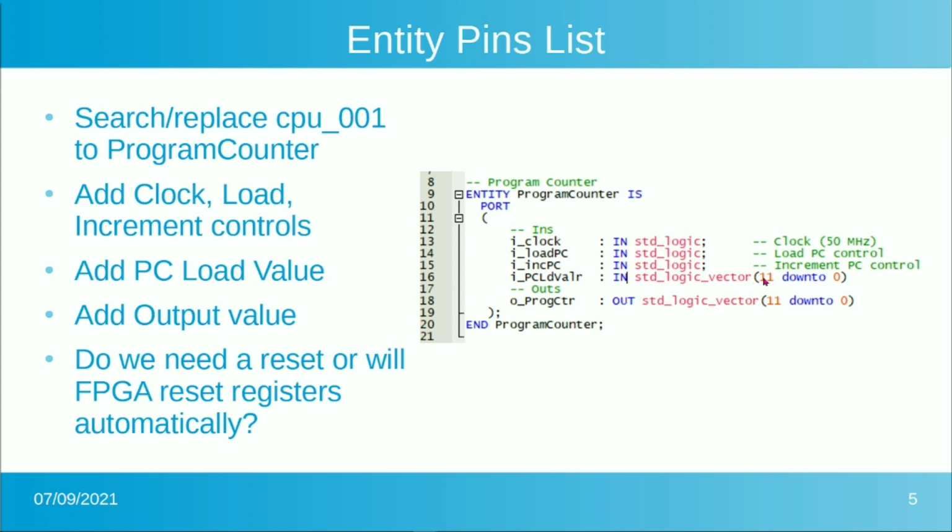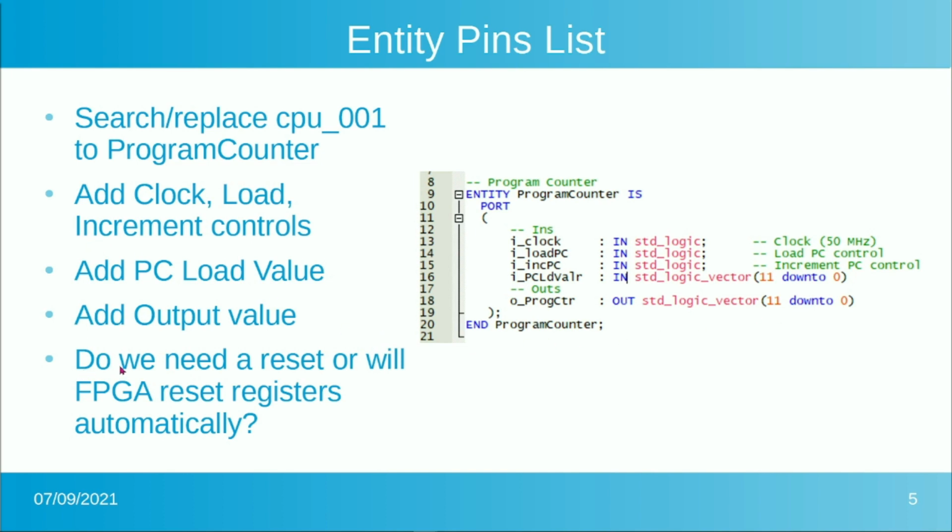This could be any index range, but the bigger number down to the smaller number, and it's convention to make the bottom number 0, so we'll follow that convention by and large. And a program counter output would similarly say out, and then standard logic vector to say that it's a number of bits, 11 down to 0, so 12-bit input load value, 12-bit output counter.